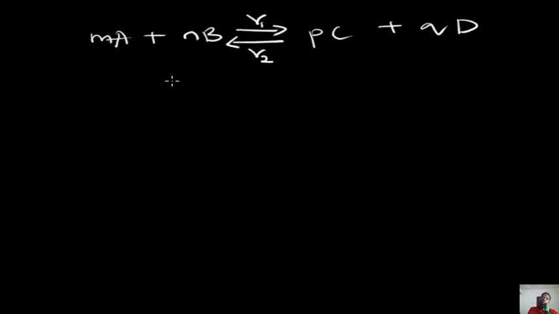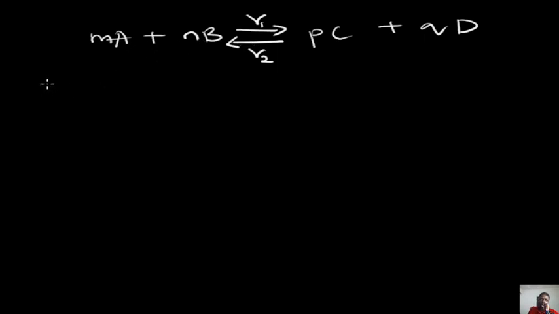So let's continue. Having said this, the next thing we have to do is to apply the law that we just mentioned. The law of mass action states that the rate of a chemical reaction is directly proportional to the active masses of the reactant.